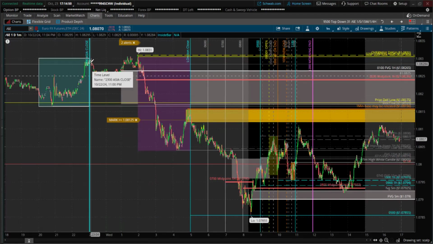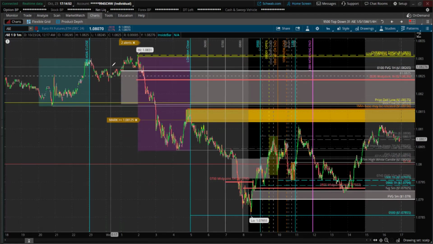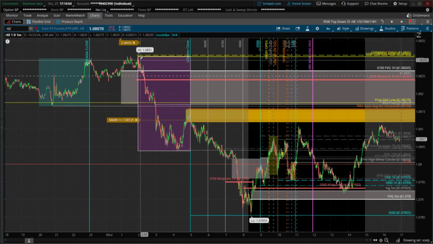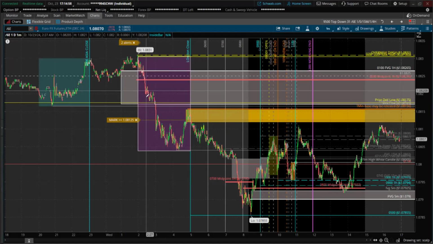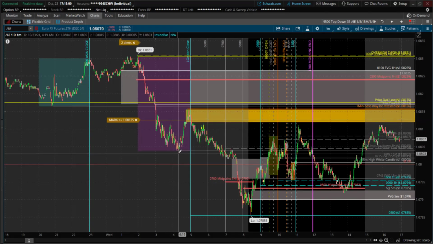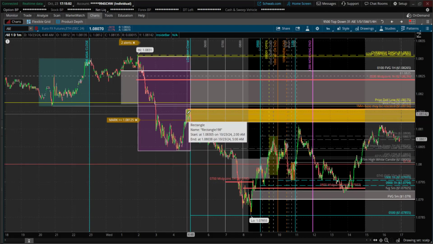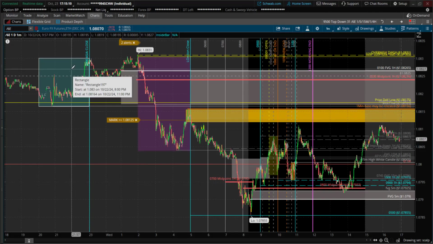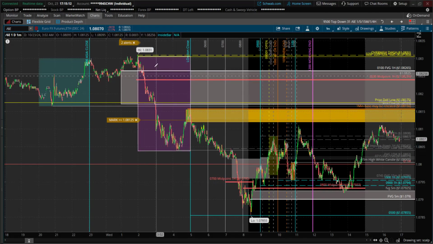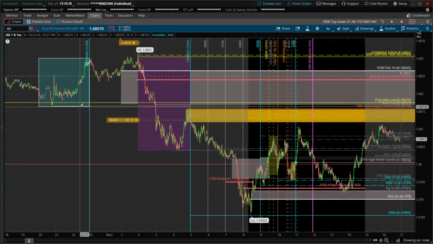Transition from the Asian session all the way over to the London session. London session was highs, opening. Below the London session, minor retracement in the London session, consolidation here. That was the end of the London session. Look how wide the trading range was, high and low trading range versus the Asian session. So the London session made a higher high than the Asian session, as well as a lower low than the Asian session.